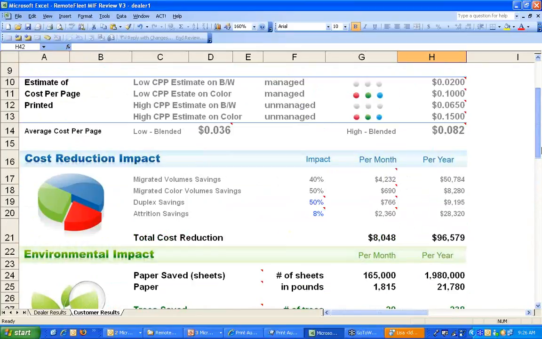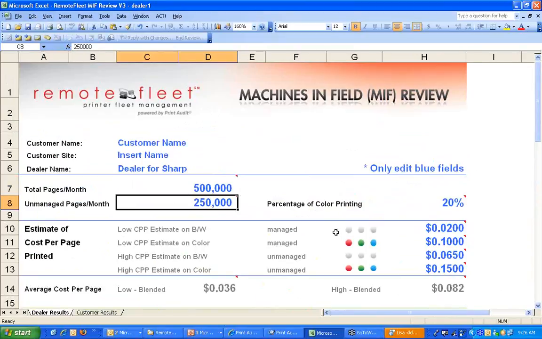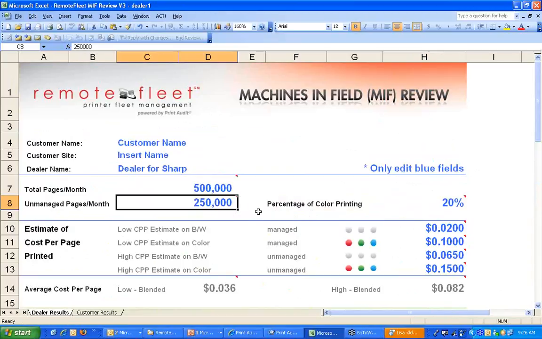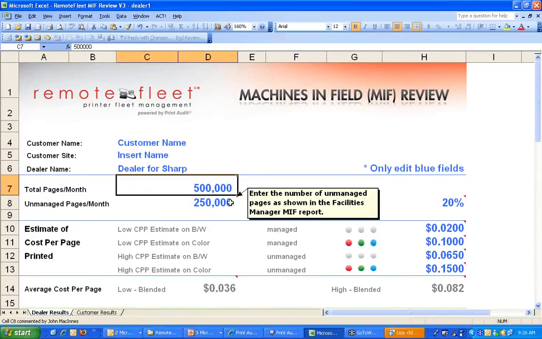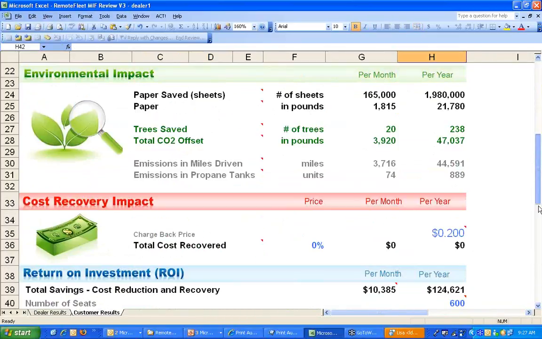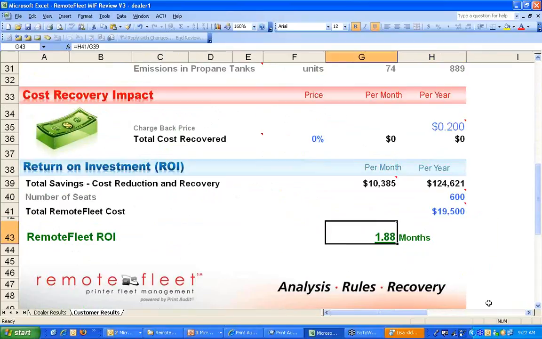We've also been conservative in our estimates of the total opportunity in terms of unmanaged pages. Remember, in most environments, we find that unmanaged pages are equivalent to 70 or 80% of the total page volume. So if that was the case, this would actually look more like 350,000 pages that could be redirected. And at that point, of course, your ROI goes down from there. So now you've got 1.8 months.